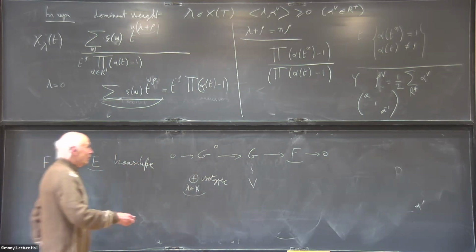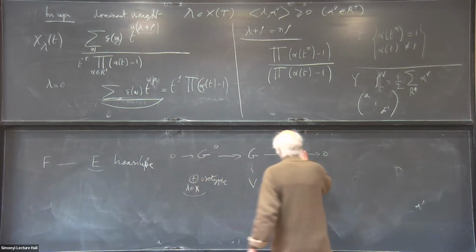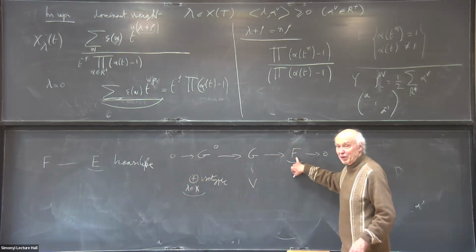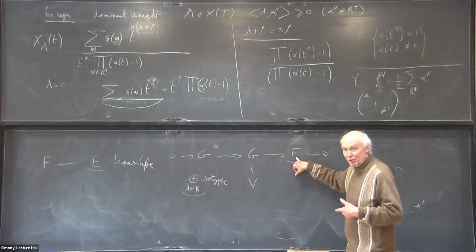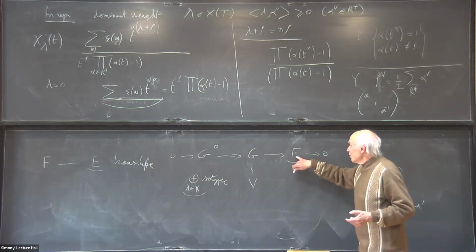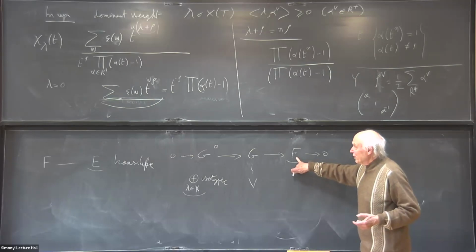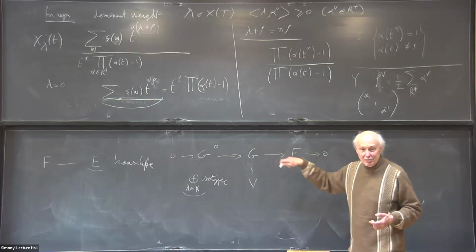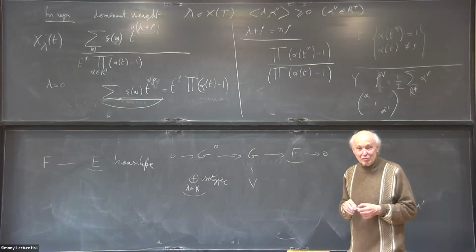Then you lift any element of F which acts with no fixed points, and this will have trace 0. And if you have an element of this finite group, you can always lift it to an element of the normalizer of a maximal torus.